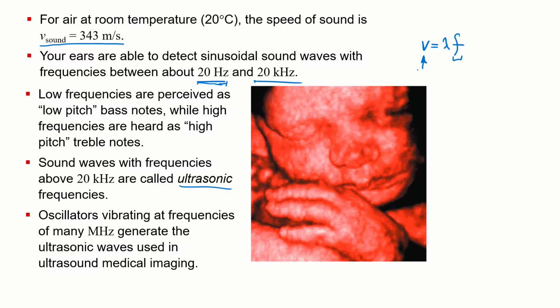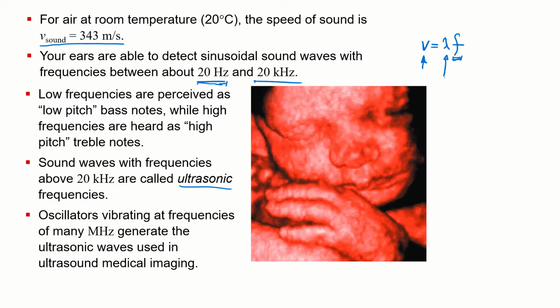The speed of sound in organic tissue has some value. When the frequency is 20 kilohertz or greater, up in the megahertz range, that wavelength ends up being smaller and smaller. And it turns out that this wavelength relates to the precision or the detail you can see in those images.